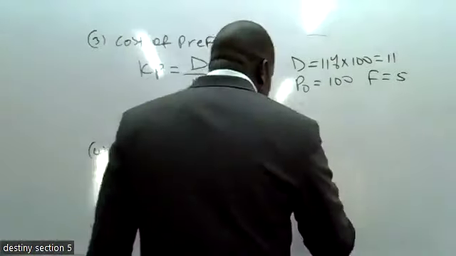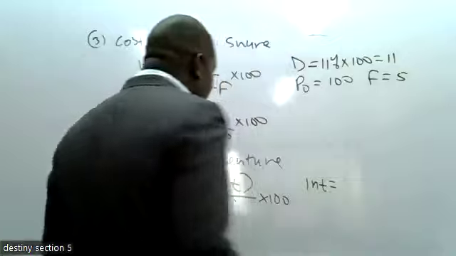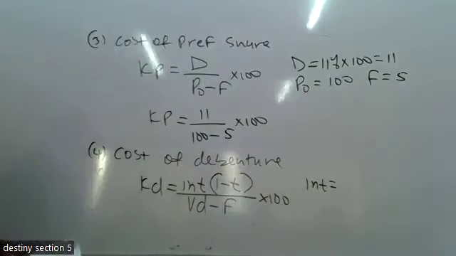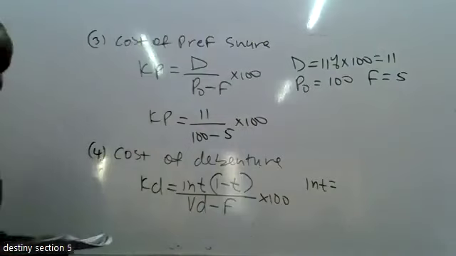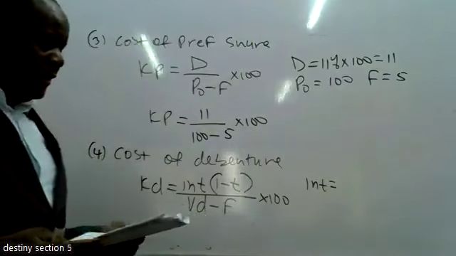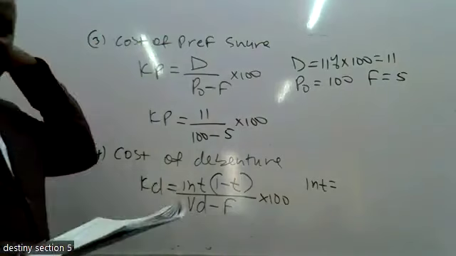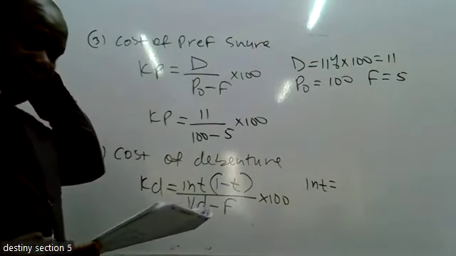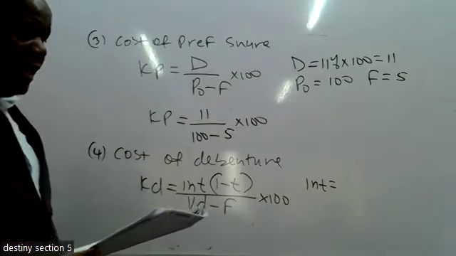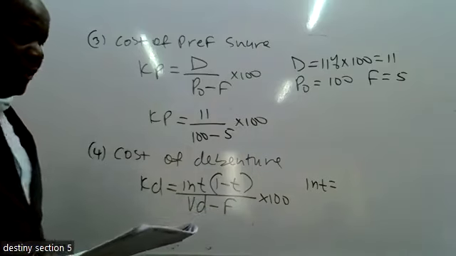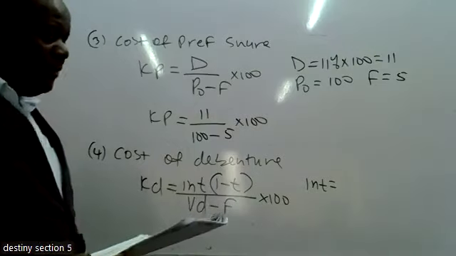Interest is normally calculated on the par value. The coupon rate is 13%. They said in note number 4 that new debentures can be sold at a coupon rate of 13%.